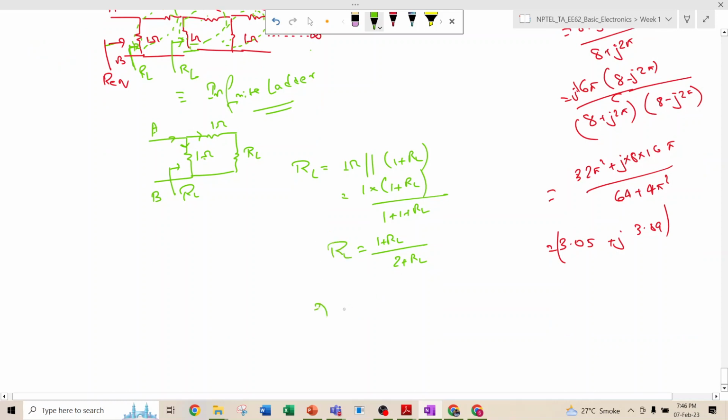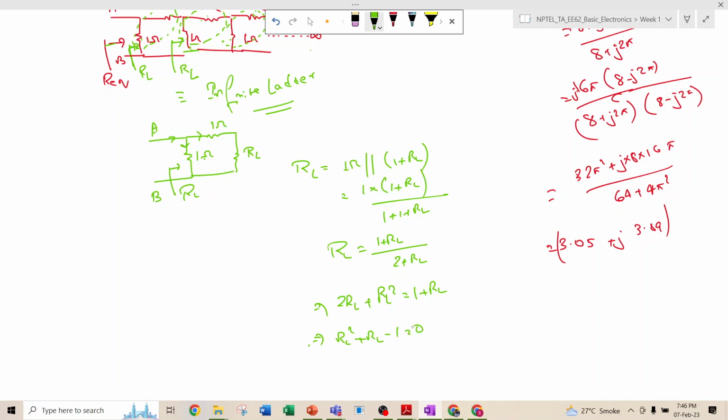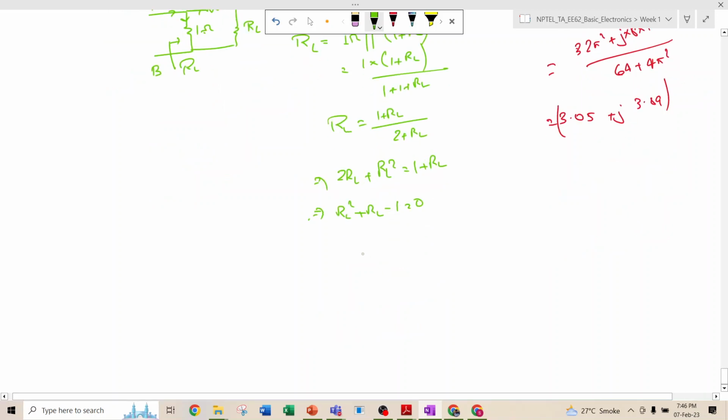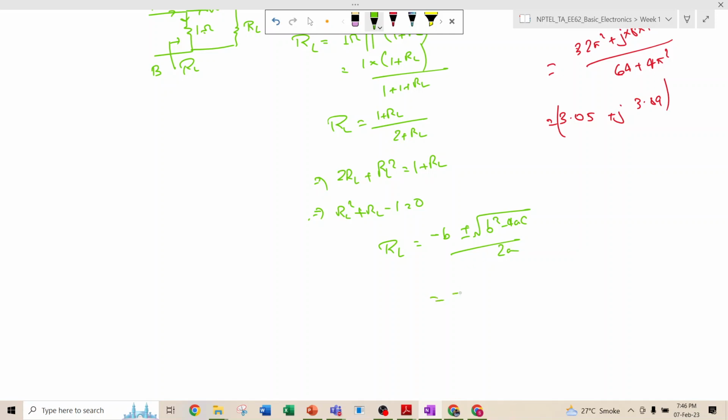So multiply with this: 2RL plus RL square equal to 1 plus RL. If we move RL to this side, RL square plus RL minus 1 equal to 0. So RL will be minus B plus minus root of B square minus 4AC, divided by 2A. You know this formula. Minus B means minus 1. B is the coefficient of RL, that is 1, plus minus root over B square, this 1 square.